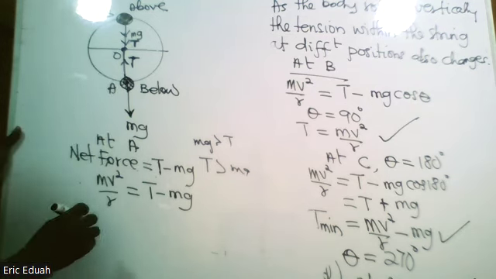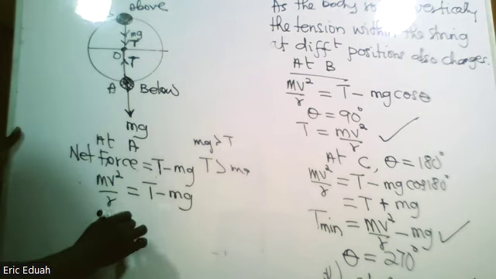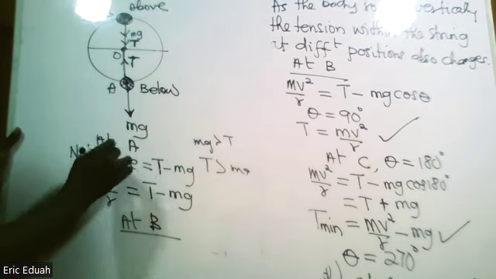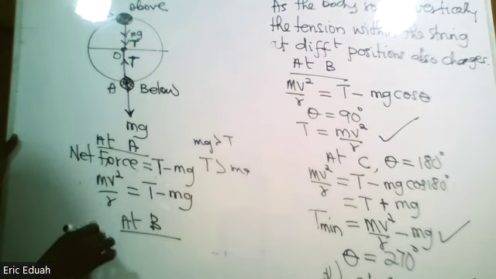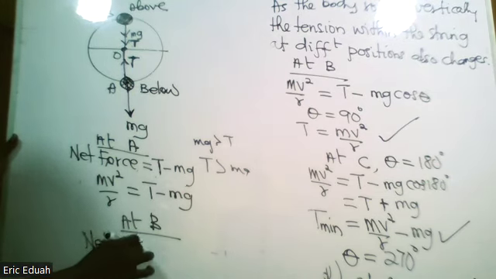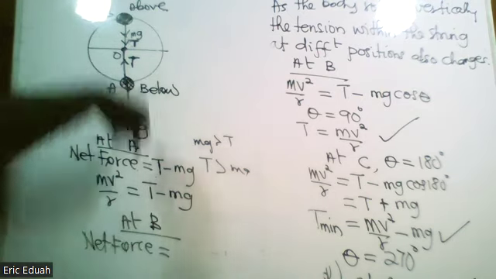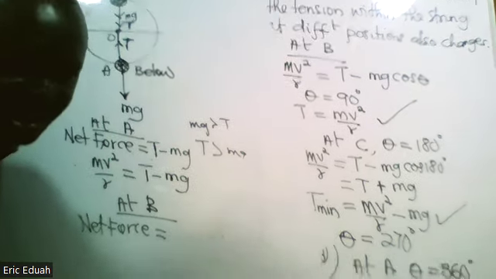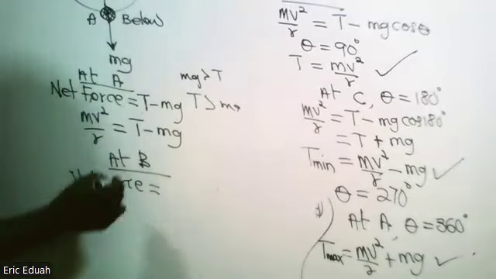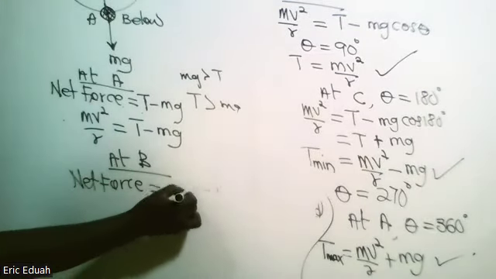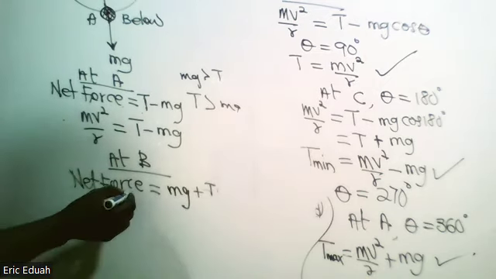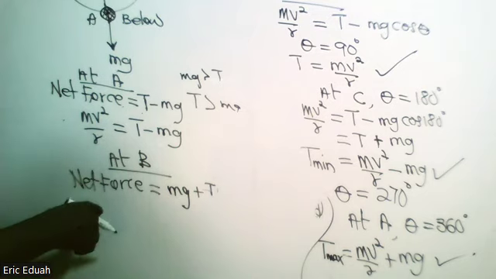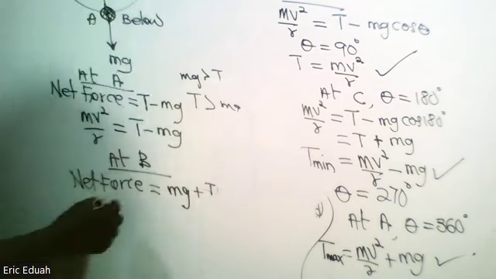At B, what happens? At B, the two forces are acting along the same direction towards the center. So net force is equal to mg plus T. And the direction of the net force is the direction of the centripetal force.